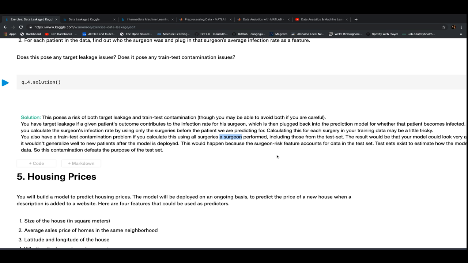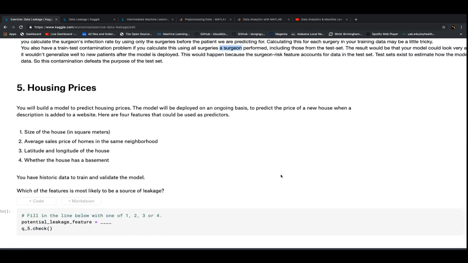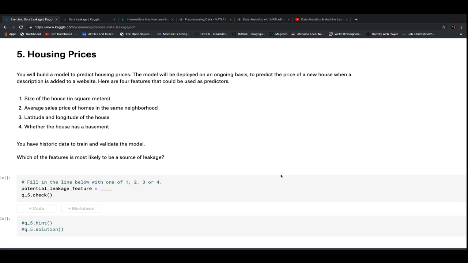But once it goes into production, there is a very good chance that it would not do that well. And it actually might do way worse. Yeah, for sure. All right, and then this is the last one here.